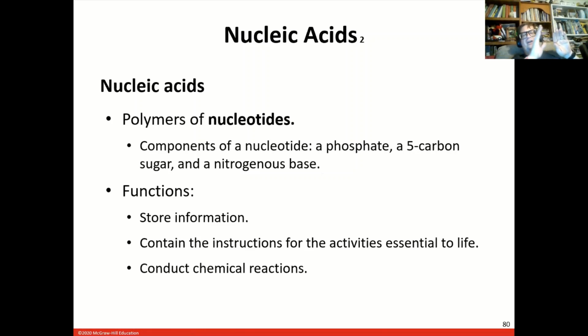What nucleotides you use and what order they're in, that tells you what amino acids you're going to use when you make a protein. All right, so it stores information, instructions for everything that matters, and these are used for chemical reactions.